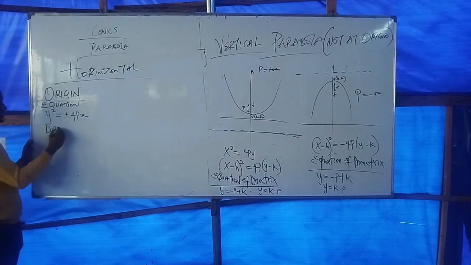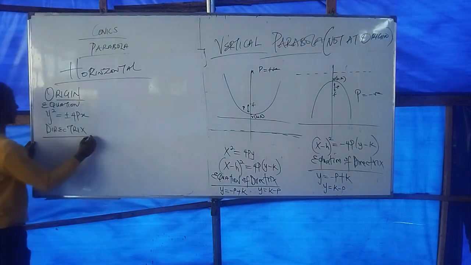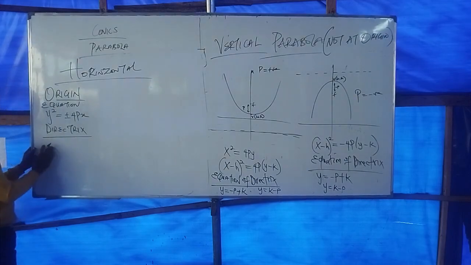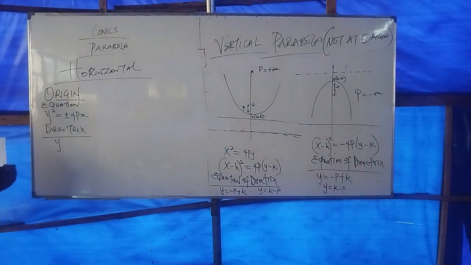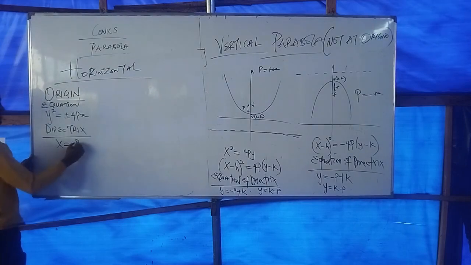Our directrix is simply going to be, the parabola is enclosing the x-axis, so it's going to be x equals minus p.